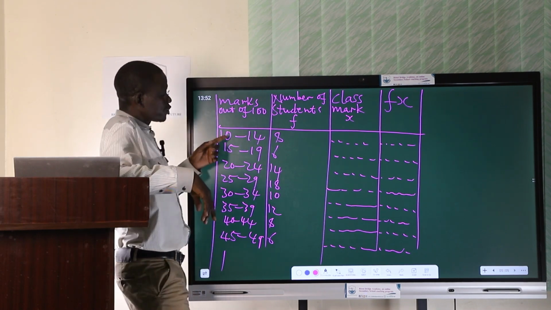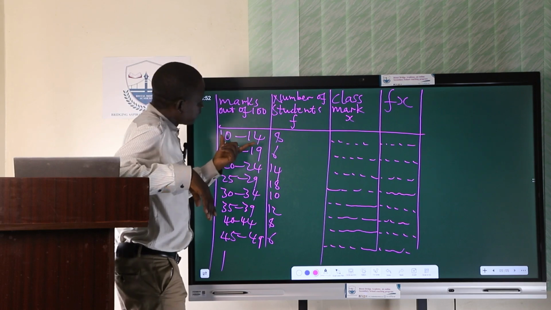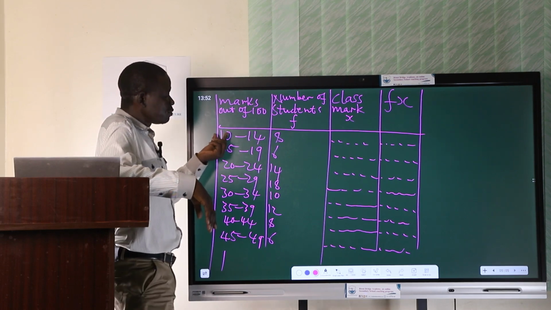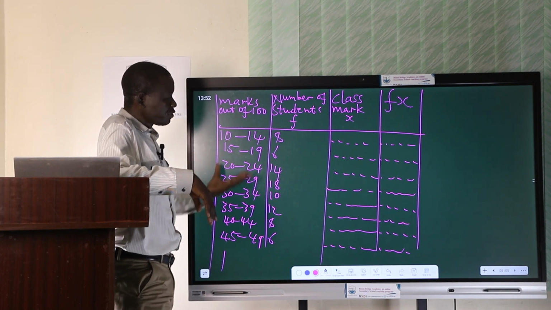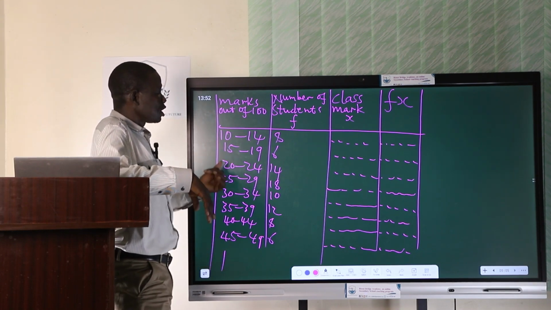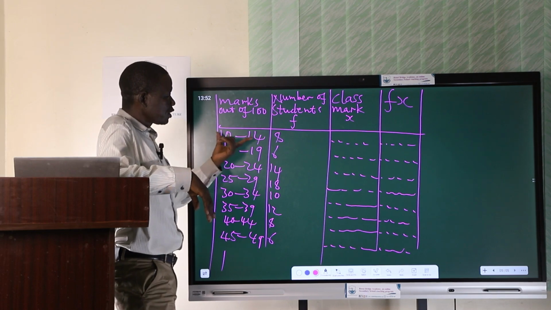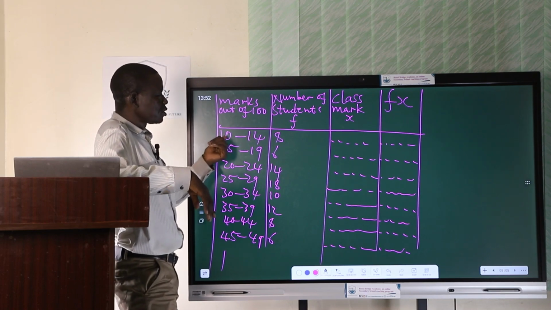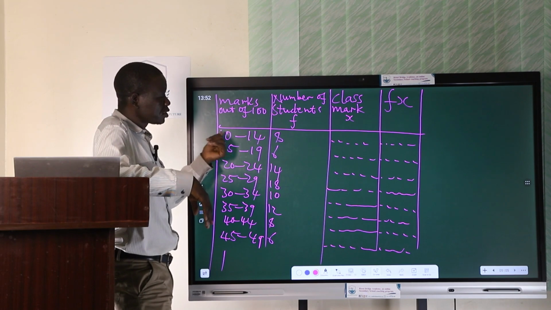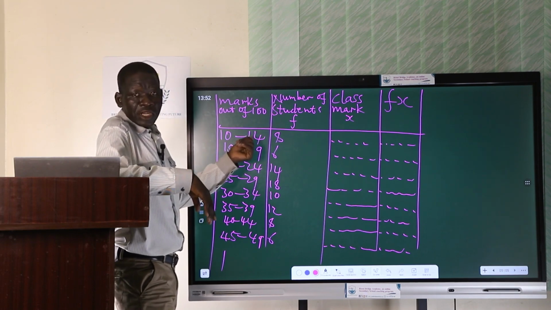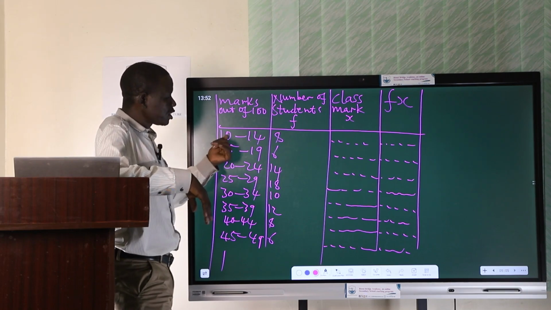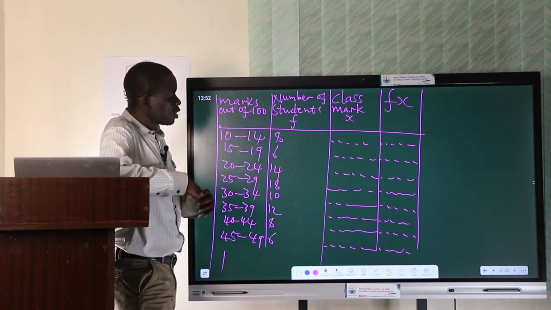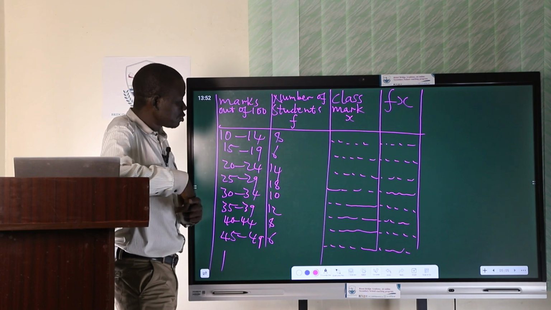In this case, the lower class limits and the upper class limits are found in the first column. For example, for the first class, 10 represents the lower class limit, 14 represents the upper class limit. So we add 10 plus 14, we find that we get 24.